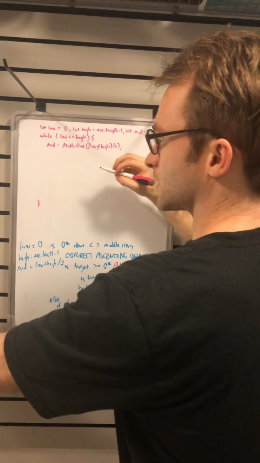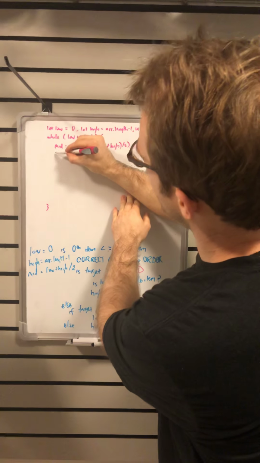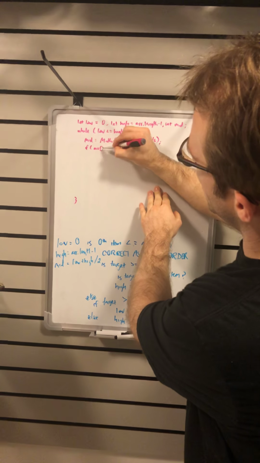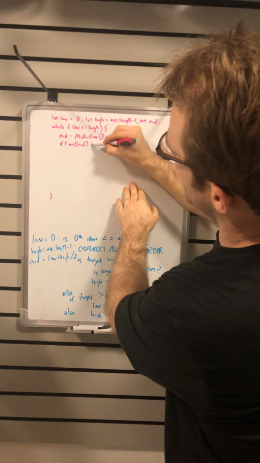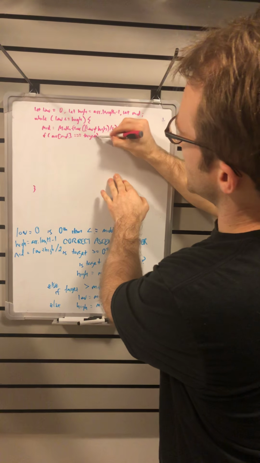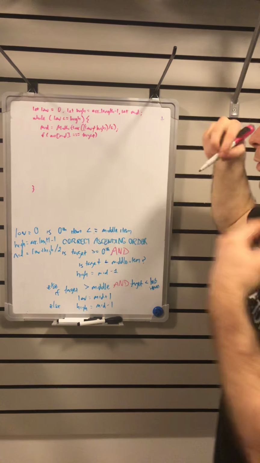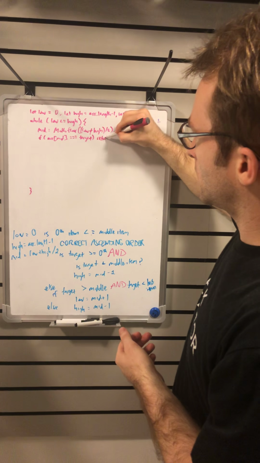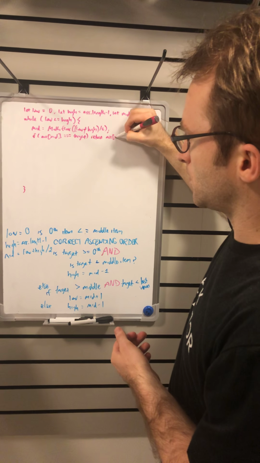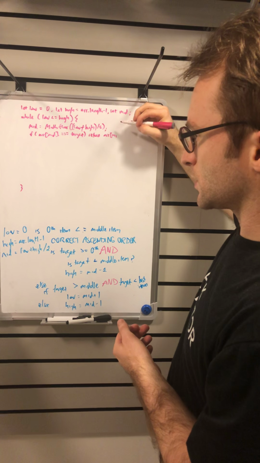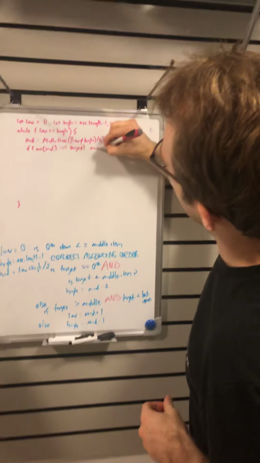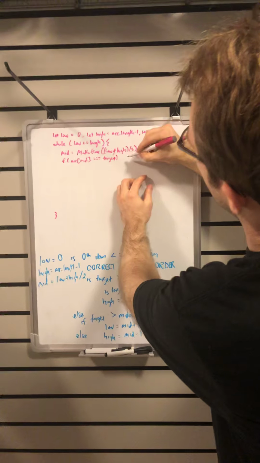And then we'll ask, basically, if the array at the midpoint is truly equal to the target, this is something we need to ask every time, then we will return the item at that midpoint. I guess we can return the item, or we can return the index. Let's return the index. Let's return mid.